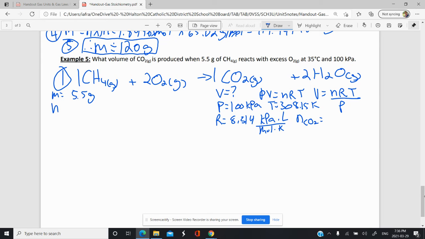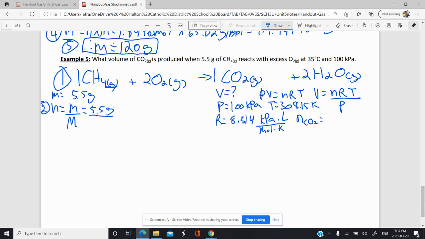We're going to find the moles by remembering that moles is equal to the mass over the molar mass of that compound. Now, we're not using PV equals nRT, even though we have a gas here, because we don't have anything from PV equals nRT for CH4. All we have is a mass, and the way to convert from mass to moles is by using this equation here. So we're going to have 5.5 grams over the molar mass of CH4.